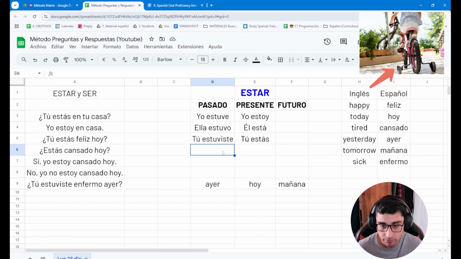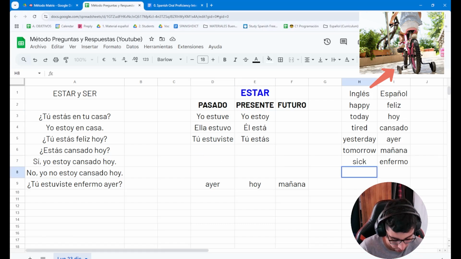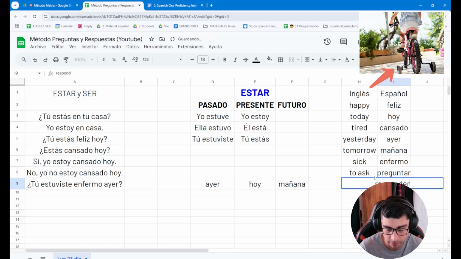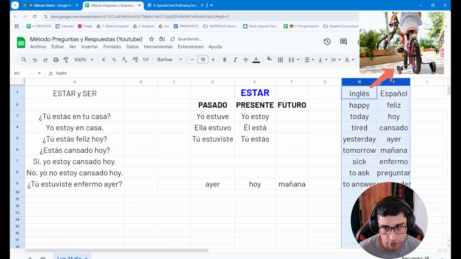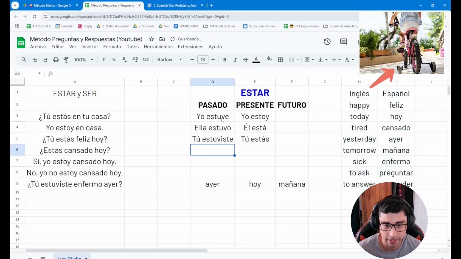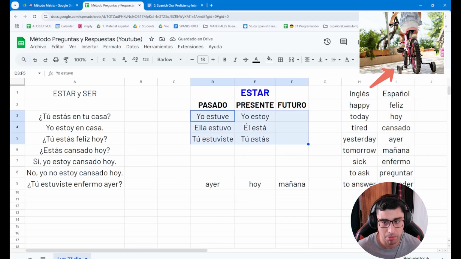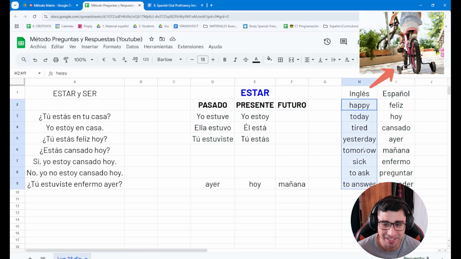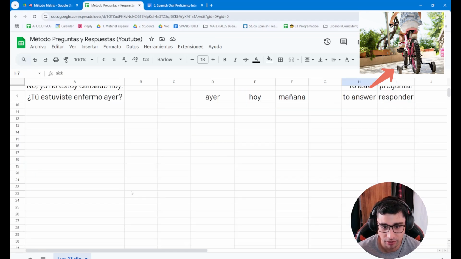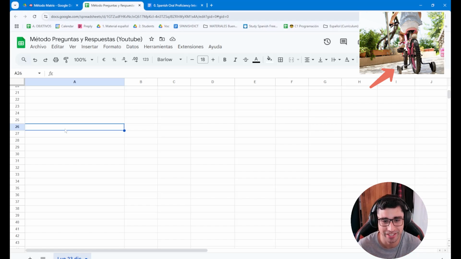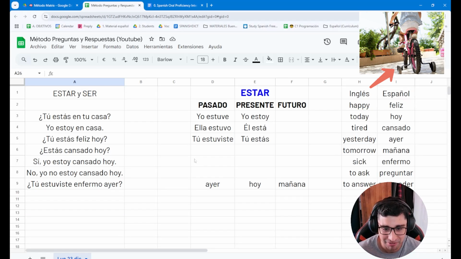And also you will be answering. By the way, to ask es preguntar, and to answer es responder, okay? So you will get used to this, okay? That's the idea. And using just Spanish. Well, here we have English, of course, but eventually I'm going to ask you questions like this in the future, okay?